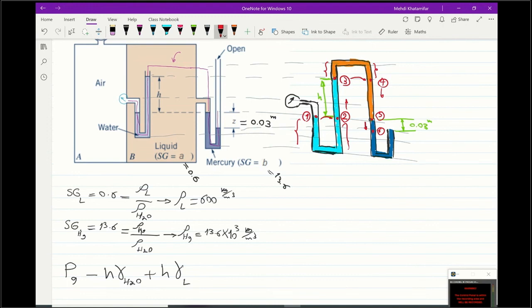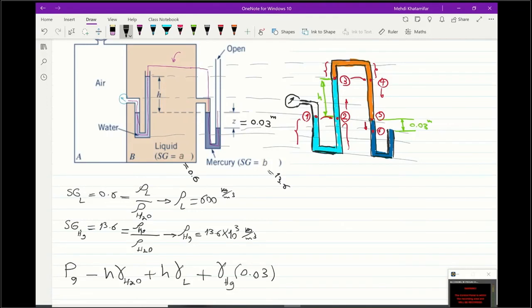It is downward, so I'm going to again add. What is the liquid? It's dark blue, which is mercury. So gamma for mercury times the height, which is 0.03 given.